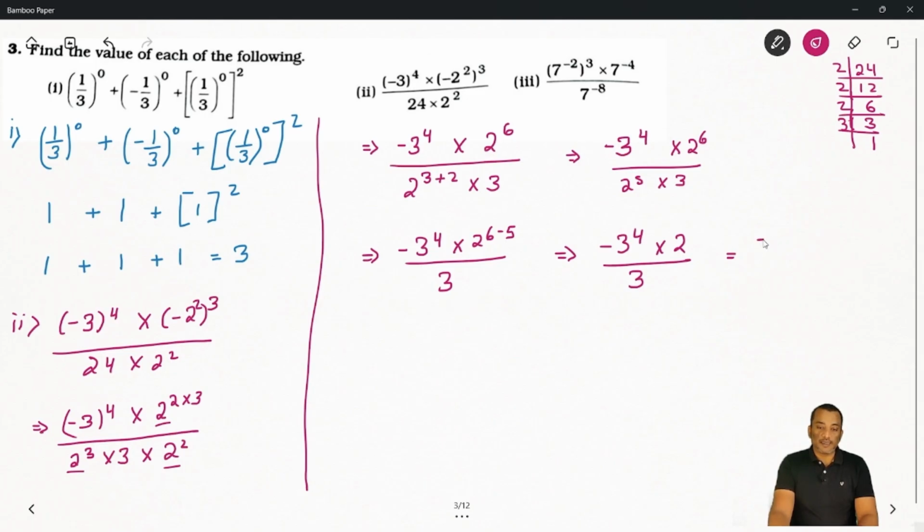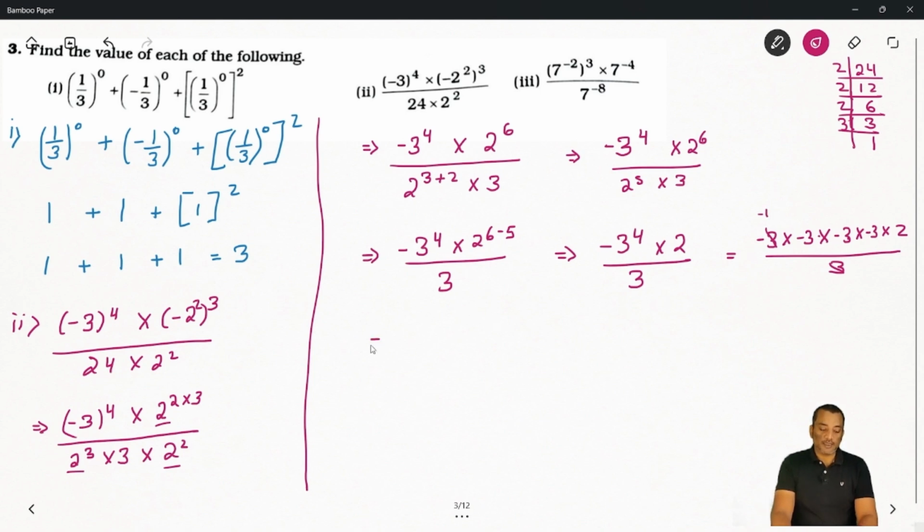We can say negative 3 times negative 3 times negative 3 times negative 3 and, negative 3 times negative 3 times 2 over 3. So you can see now here this 3 we can cancel by negative 1. Okay, so negative 1 we can cancel.